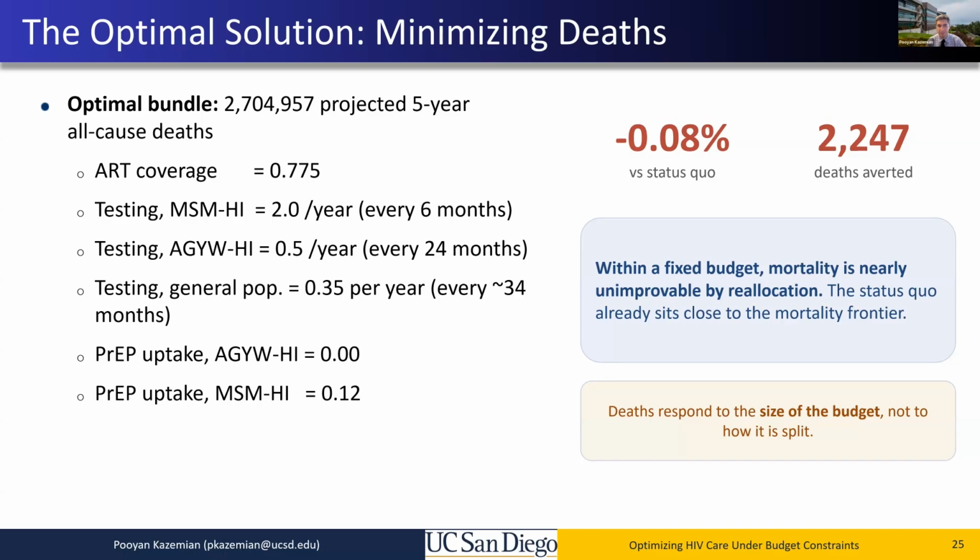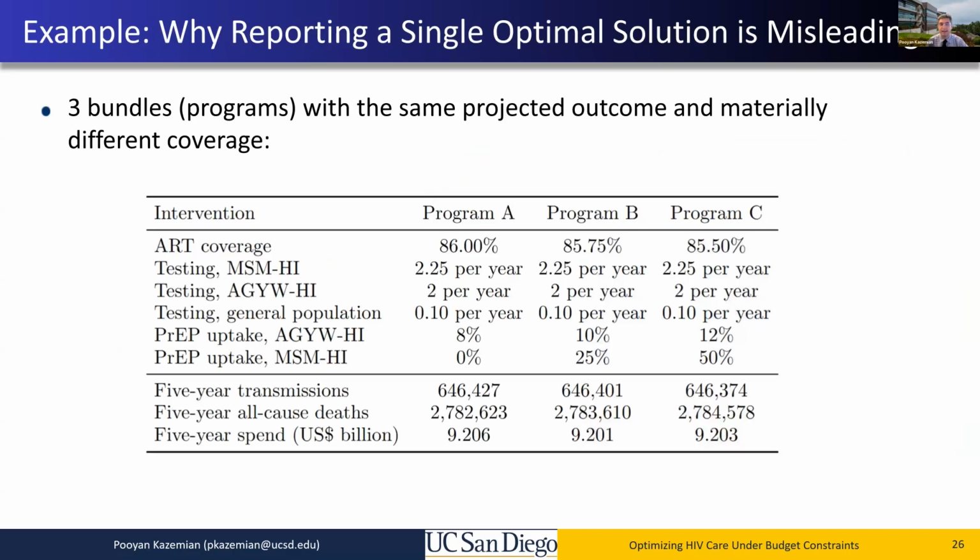Again, I show you the optimal solution here, but the optimal solution does not matter because there are other bundles of care that are very different from this and result in the same number of deaths. So on the next slide, just to demonstrate this using a concrete example, I have listed 3 bundles of care, or 3 programs.